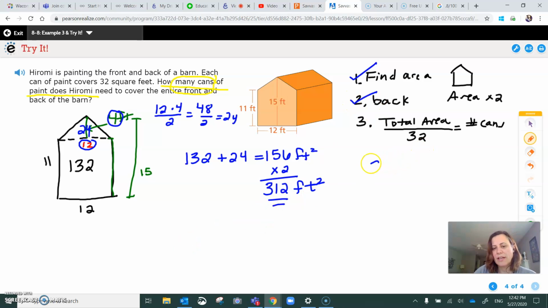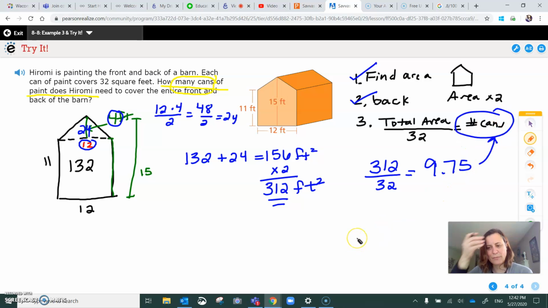So our total area is 312, and every can of paint that we get will cover 32 square feet. So I'm going to group this into groups of 32. And so I'm going to use my calculator. 312 divided by 32 is 9.75. So this is going to tell me how many cans that I need to buy.